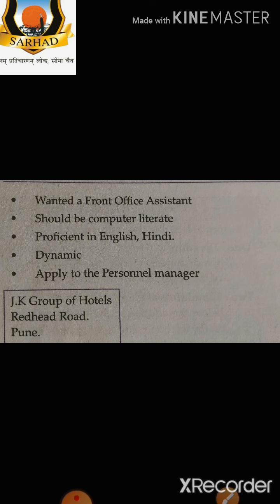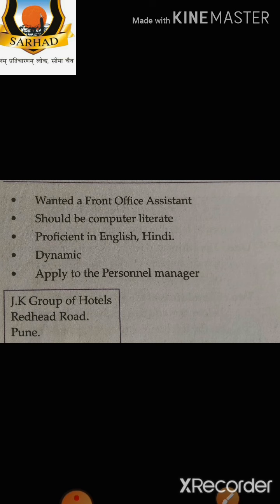So what advertisement is given here? First of all, wanted a front office assistant. Second point, should be computer literate. Third point, proficient in English and Hindi. Fourth point, dynamic. Fifth point, apply to the personal manager.